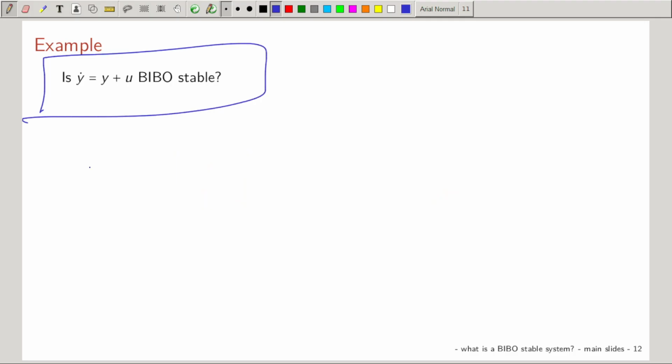This one. Would you say that this one is BIBO stable? Yes, no, I do not know. Yes, no, I do not know. Discuss.